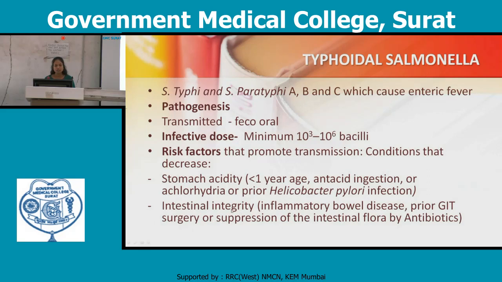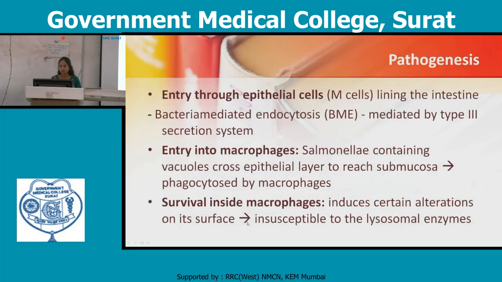Stomach acidity is lower in those less than 1 year of age, with antacid ingestion, achlorhydria or prior H. pylori infection. Intestinal integrity is decreased by inflammatory bowel disease, prior gastrointestinal surgery or suppression of intestinal flora by antibiotics.